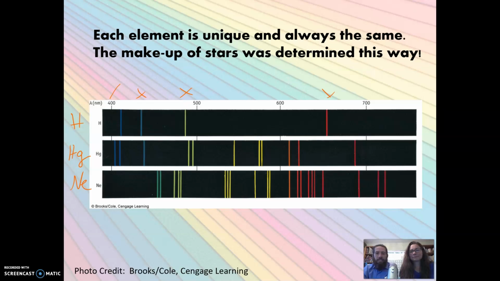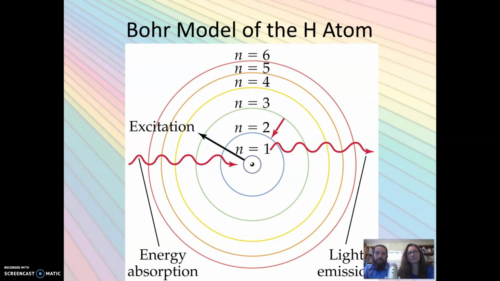This is light that's been through a prism, or a diffraction grating, that separates it into individual wavelengths. So that hydrogen light is not representing the entire spectrum. It's just 4 different visible wavelengths of light.